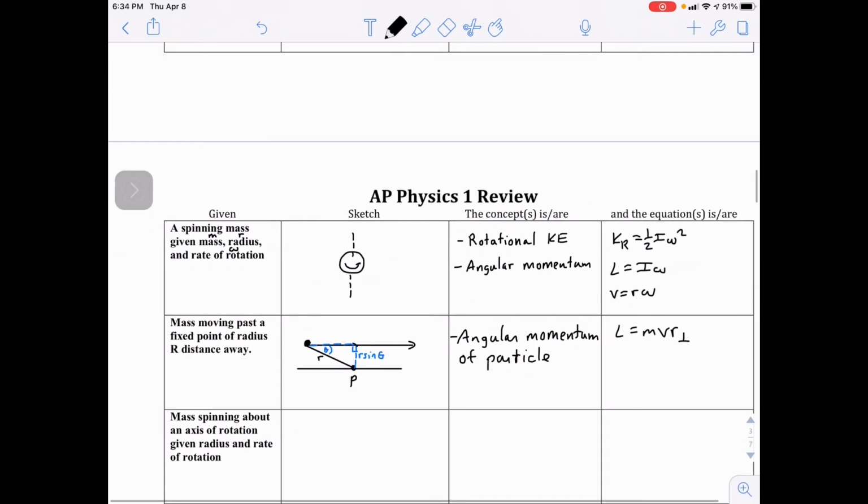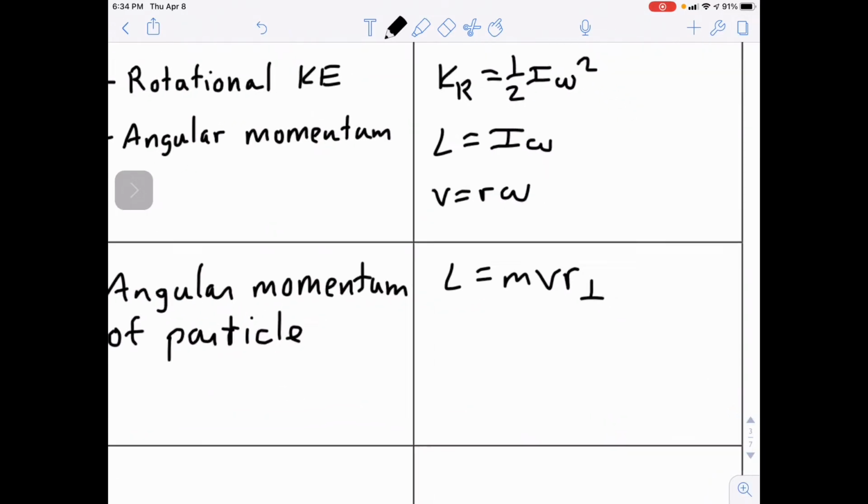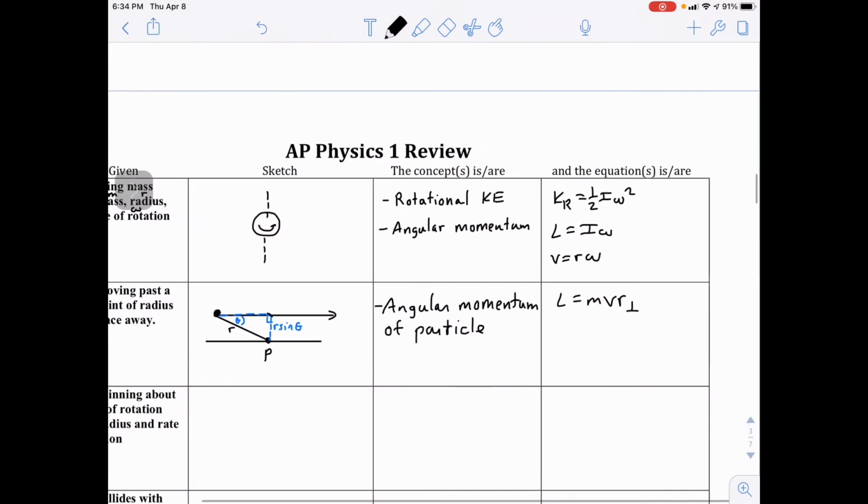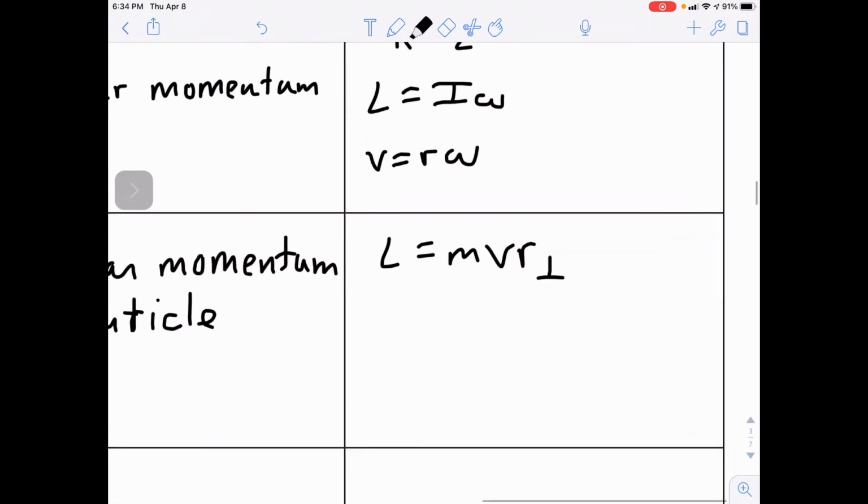In other words, we're always taking the perpendicular distance to the point we're moving about. And notice that this object is moving linearly. It's not even revolving around this point. But the perpendicular component to that point will always be used. So we could derive that as m v r sine theta.